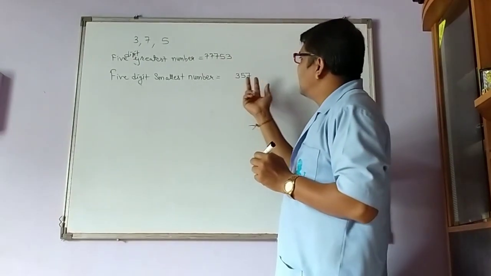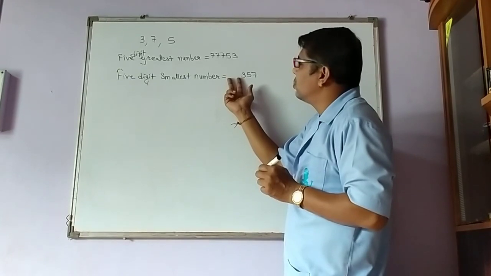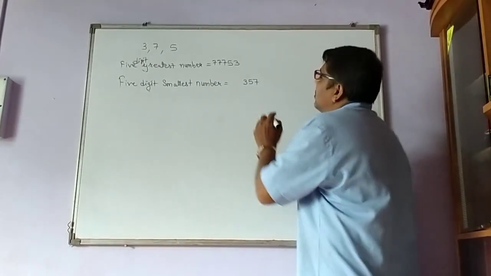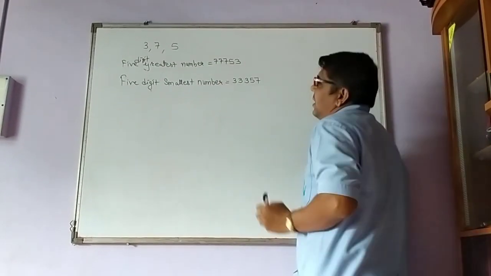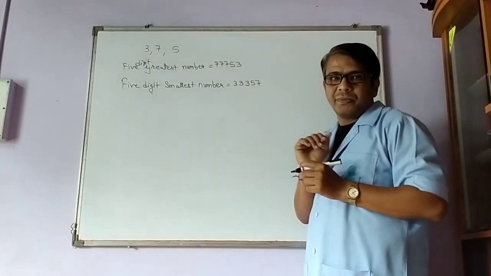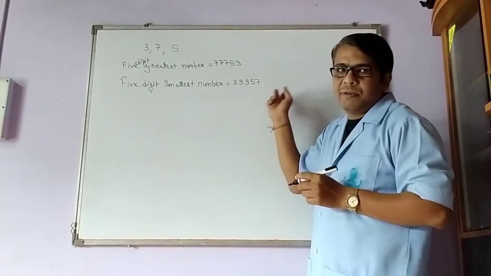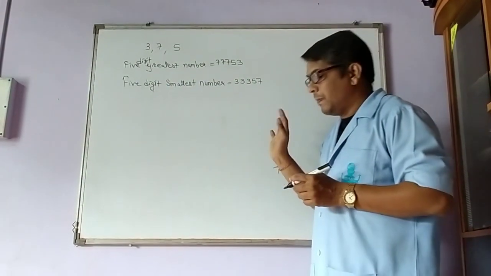But 3 digits are occupied. Okay, so I want 2 more digits here. So in that case, what I will do, I will write this 3, the smallest digit, 2 more times, exactly opposite of this. Okay, so this number becomes 33,357. So this is the 5-digit smallest possible number.